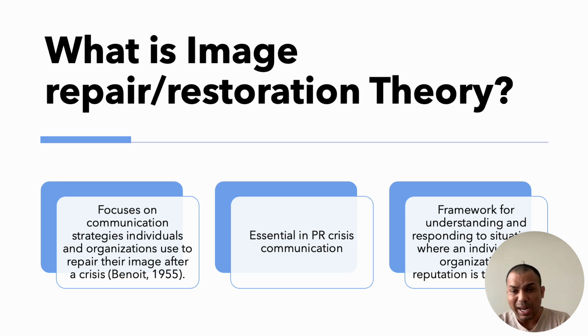When there is some crisis, and your organization, or you as an individual, or a celebrity faces a crisis, how should they communicate to handle it so that the reputation won't be at risk? It is one of the theories widely used for study and research about managing the image and reputation of an organization. We'll discuss further later on in the case study.